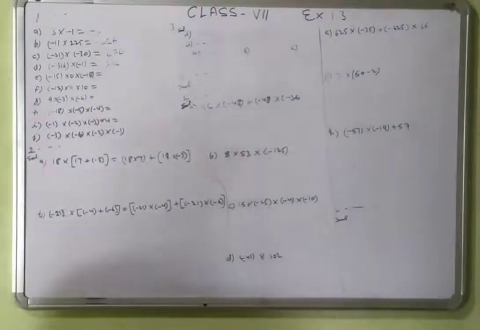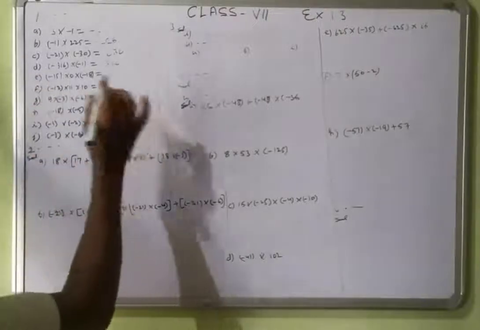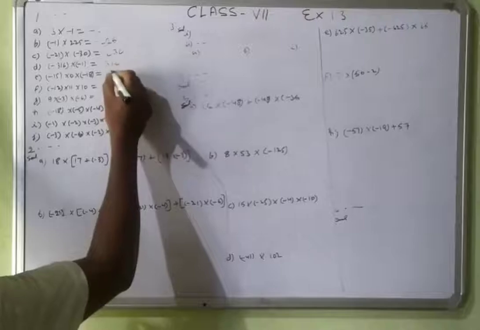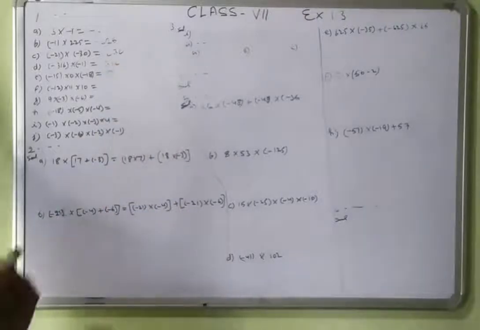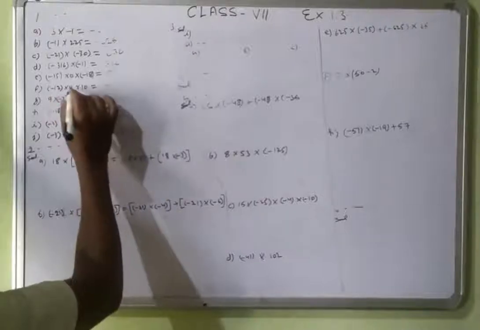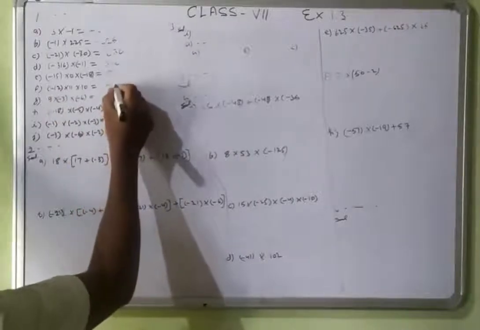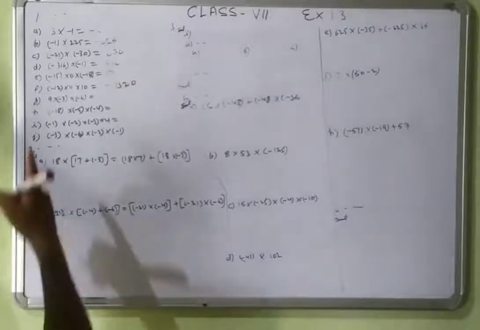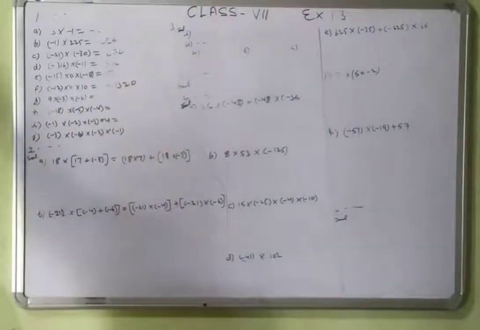And then the E part: if you multiply by 0, the answer will be 0. Here only one minus, so minus. 12 11s are 132, and then 0. Here there are 2 minuses, so there will be plus.